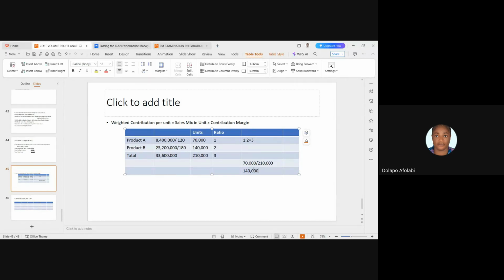It will give us the sales mix. At the end of the day, product A will be 1/3, product B will be 2/3. If you compute it in your calculator, it will give you decimals. So everything we are still saying is the same thing.